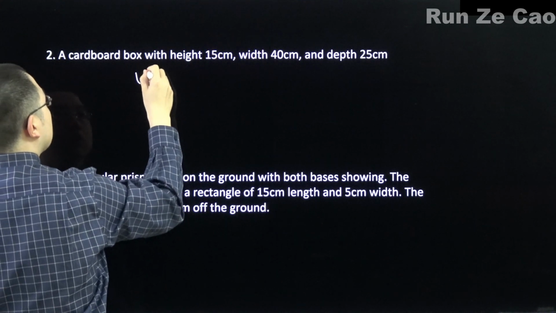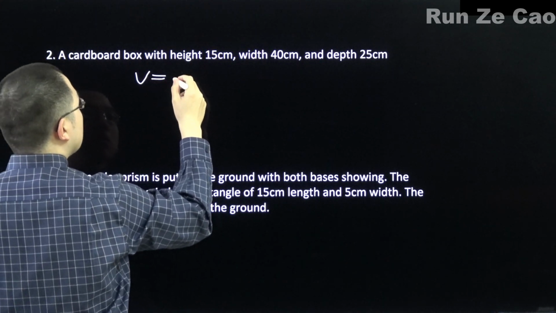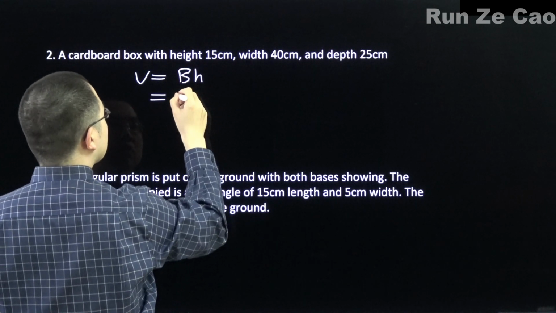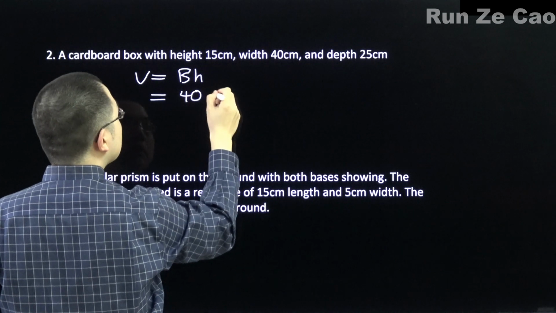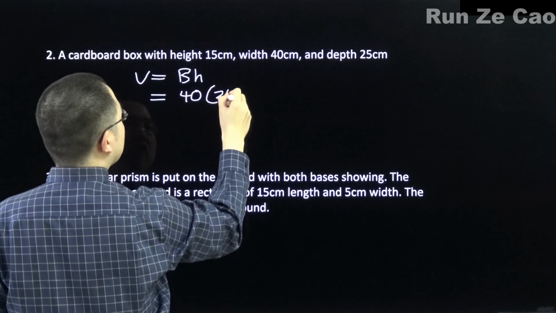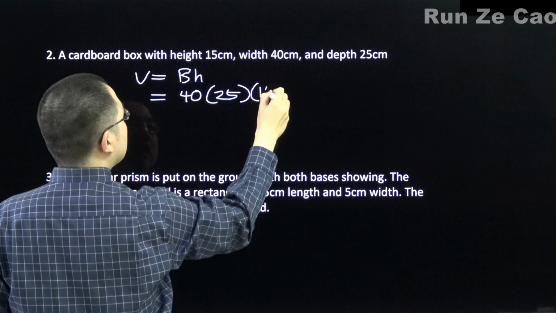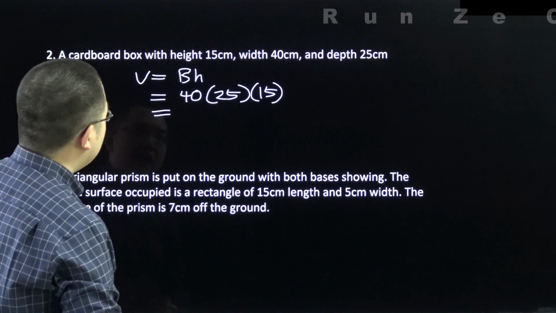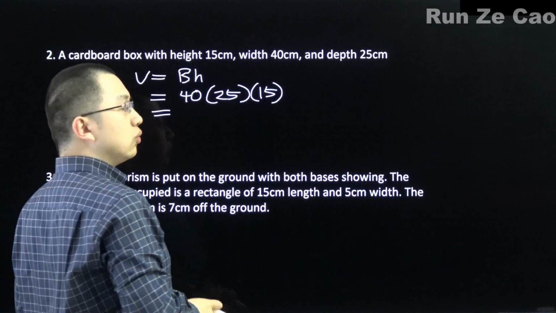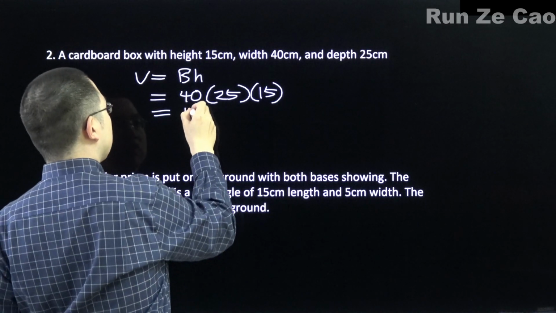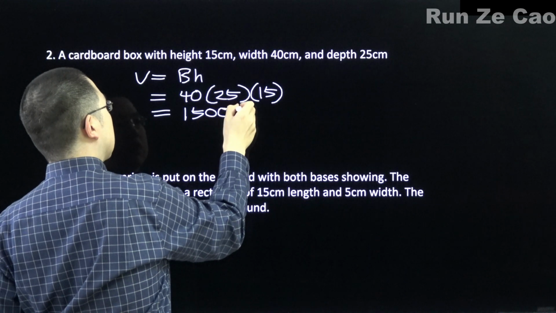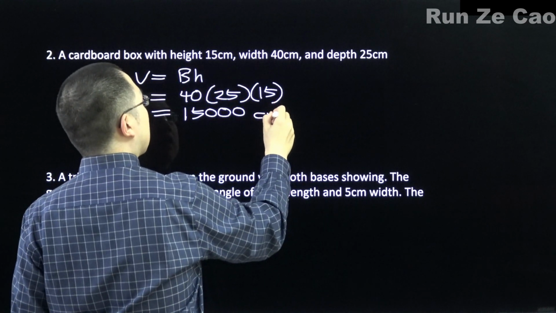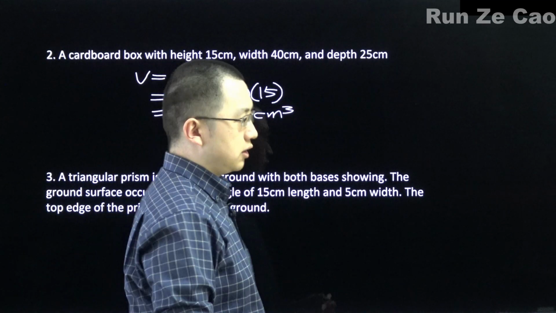So, volume is equal to base times height, and base is the width, 40 centimeters, times the depth, which is 25, height is 15. 40 by 25 is equal to 1,000, so this is 15,000. What are the units? It's centimeters cubed.